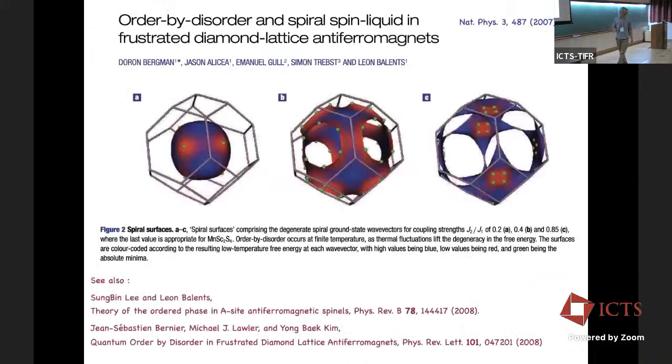Another interesting example is the diamond lattice. The diamond lattice is non-trivial, and goes back to the seminal paper from 2007 by Doron Bergman, Jason Alicea, Simon Trebst, and Leon Balents, when they showed that the diamond lattice is very similar to the honeycomb lattice. The diamond lattice is also a bipartite lattice, and one can introduce the second neighbor coupling that will frustrate.